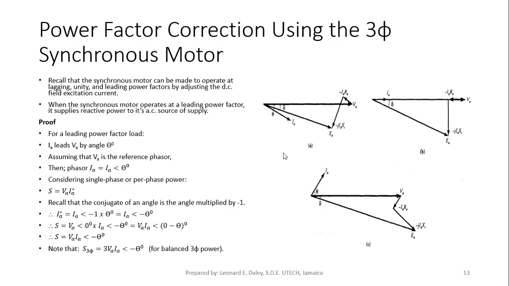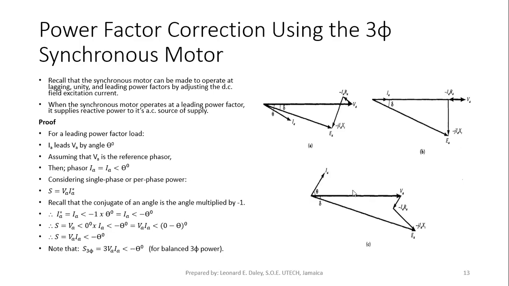All right. So I want you to recall what we had just gone through a while ago, that the synchronous motor can be made to operate at lagging, unity, or leading power factor. So lagging power factor, IA lags VA. Leading, IA leads VA.